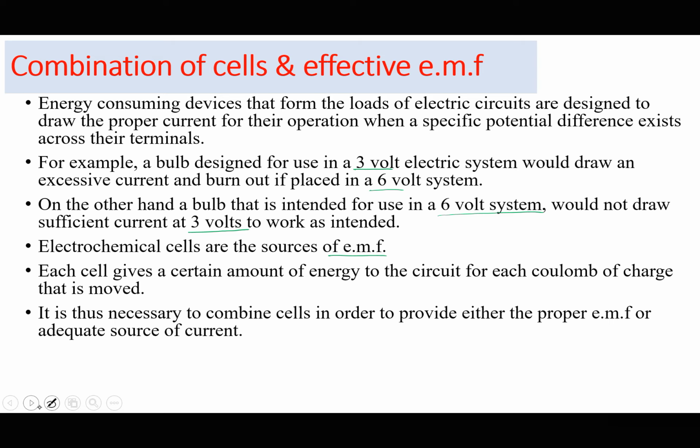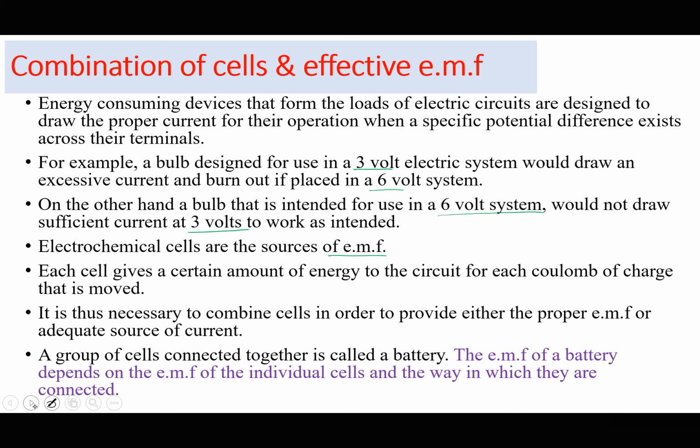So if I have a group of cells connected together, they constitute what we call a battery. That's why the symbol for a battery is actually like this. It shows how many cells are assembled together to form what we call a battery. The EMF of a battery depends on the EMF of the individual cells and the way in which they are connected.